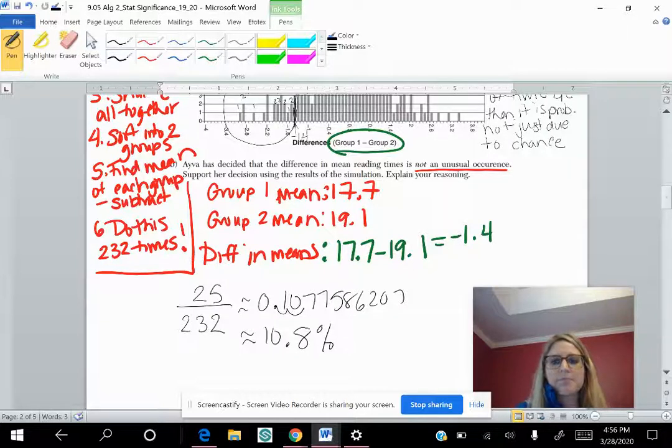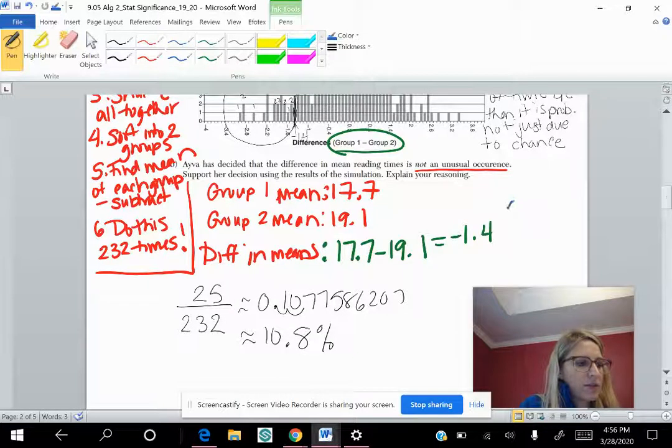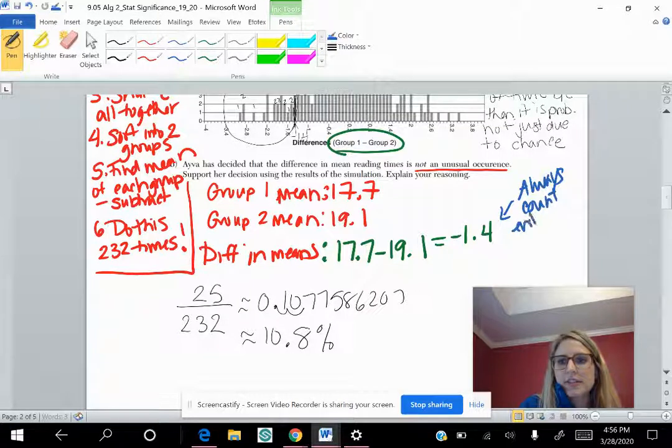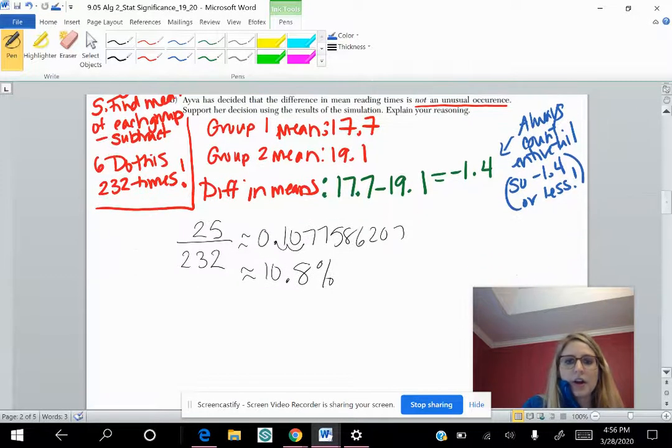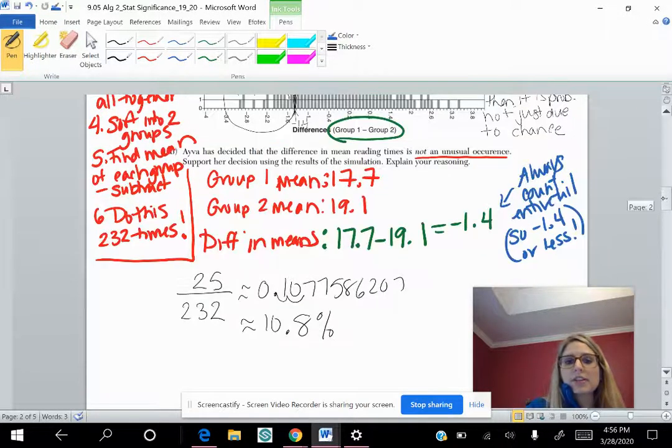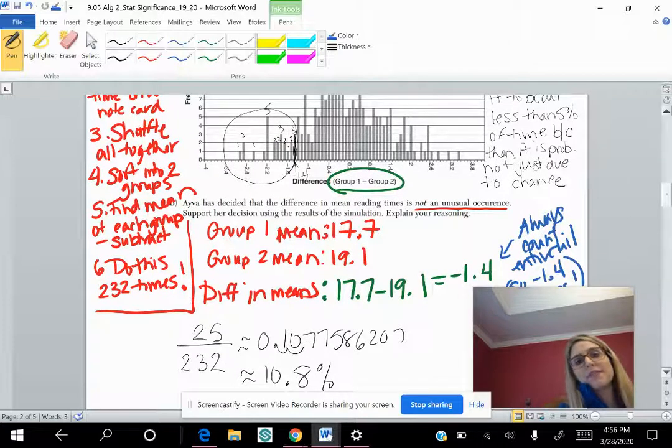Okay, so approximately multiply that by 100 or move your decimal, about 10.8%, let's say. So again, you may want to make yourself a note here at negative 1.4, always count the entire tail. So you want negative 1.4 or less. Negative 1.4 or less occurs 10.8% of the time.